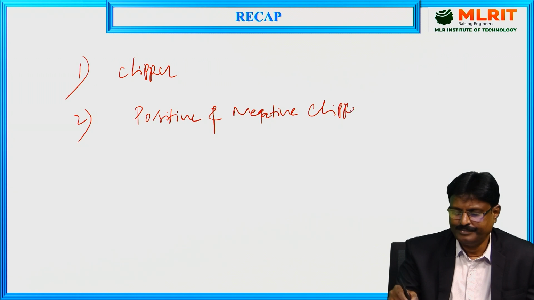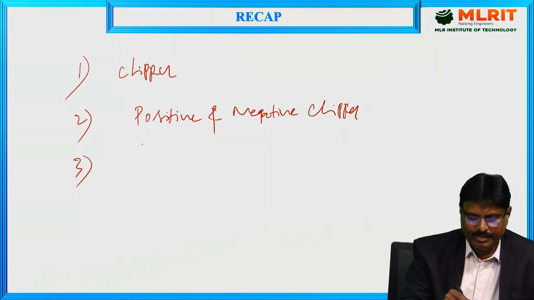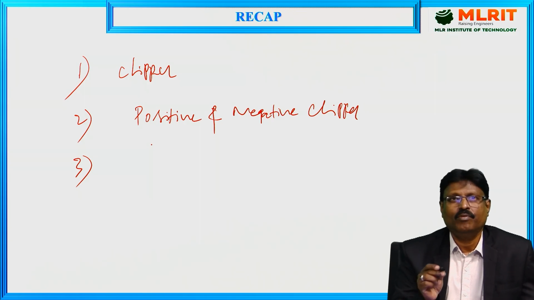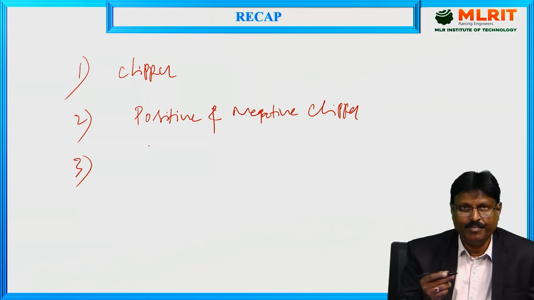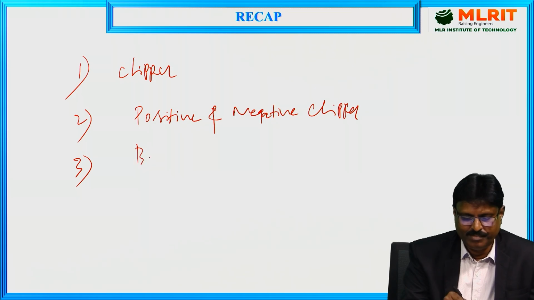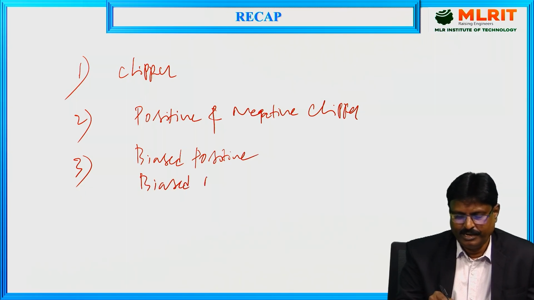And finally, the other type of clippers, where we need a portion of the peak to be removed. In that case, we provide a biasing voltage, so that is called a biased positive clipper. We have seen the operation, and next we have seen the operation of the biased negative clipper.